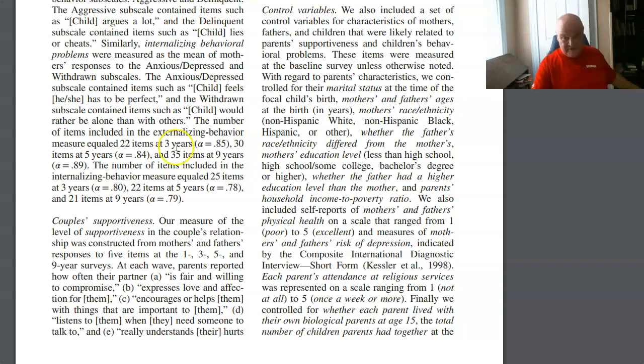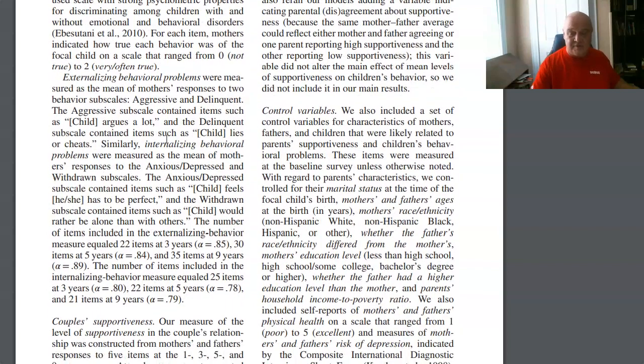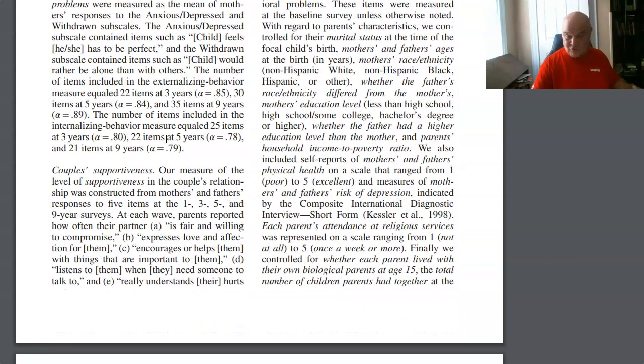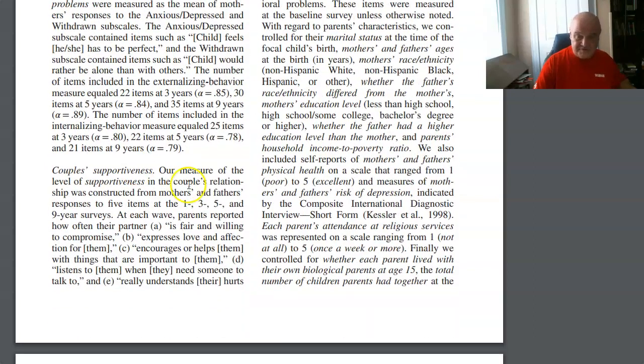The independent variable, and whenever you read a good solid measures section, first they deal with the dependent variables, and sometimes they'll identify them as such, but you need to know how to read. Couple supportiveness is the independent variable. In other words, that's the independent variable that's going to affect these external and internal behavioral problems.